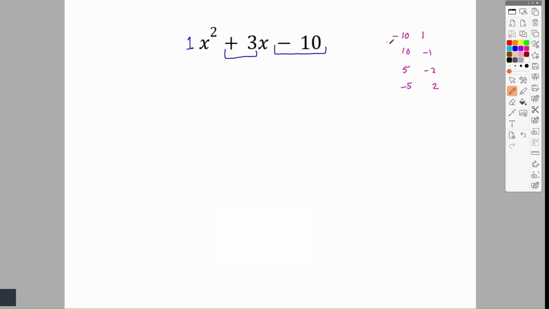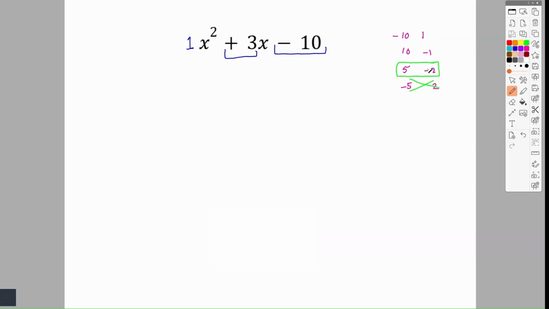And now let's find the couples that add to positive 3. So negative 10 plus 1 is negative 9. 10 minus 1 is 9. 5 minus 2 is positive 3. So these are our couples. And you don't have to think about the rest because we'd just waste your time.